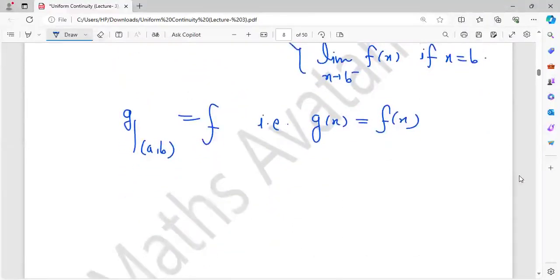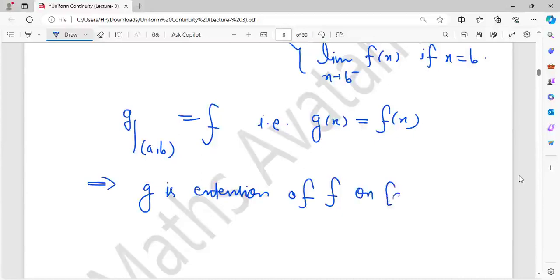This implies g is an extension of f on (a, b). So it is clear that this is an extension. Now we are going to prove that this is continuous.